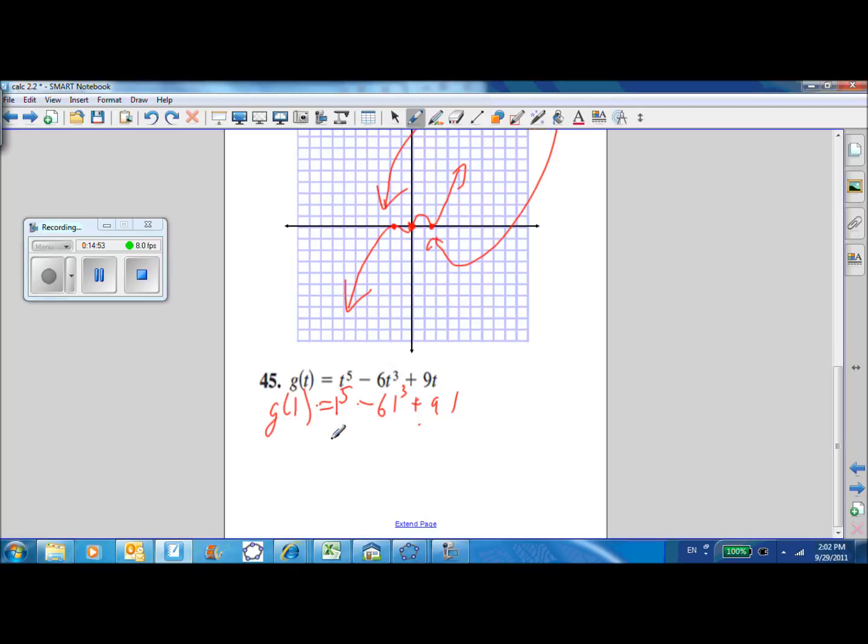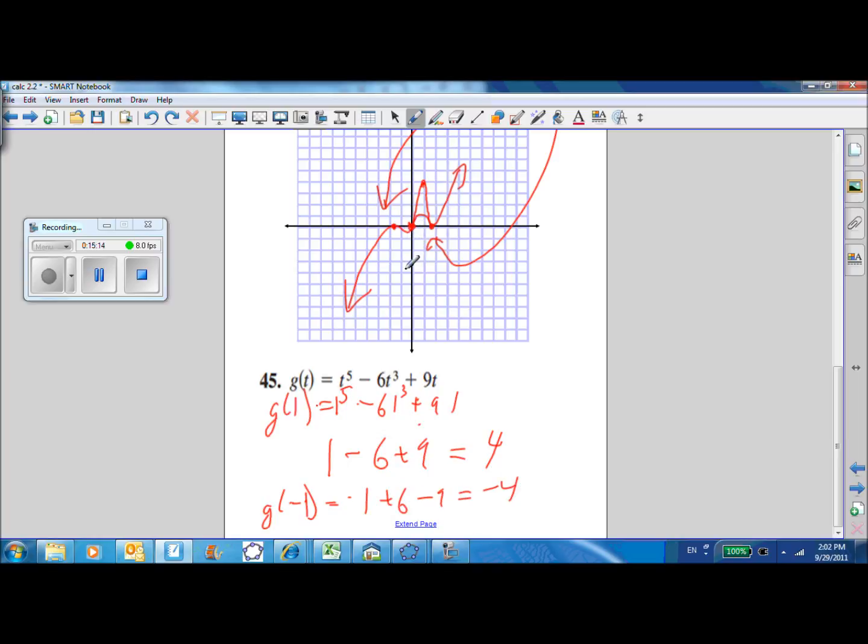That ends up being 1 minus 6 plus 9 equals 4. So I should have gone all the way up to 4 here, but I wouldn't dock you on that. And negative 1 ends up going to negative 1 plus 6 minus 9. That goes down to negative 4.